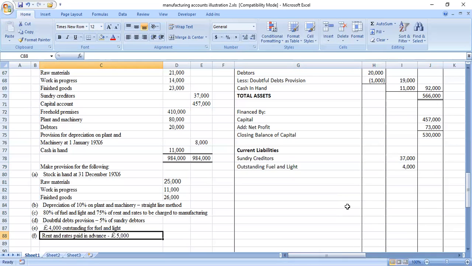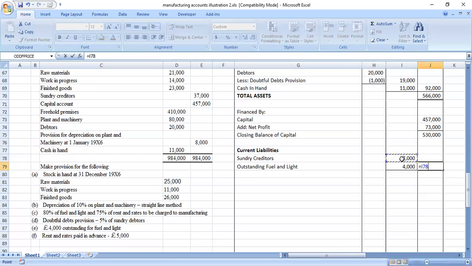Expenses paid in advance, they are treated as current assets or current liabilities? Anyway, they are treated as current assets. So anyway, but let us first total this up and then to correct that mistake I made. So current liabilities is now equal to 37 plus 4,000, which is 41,000.